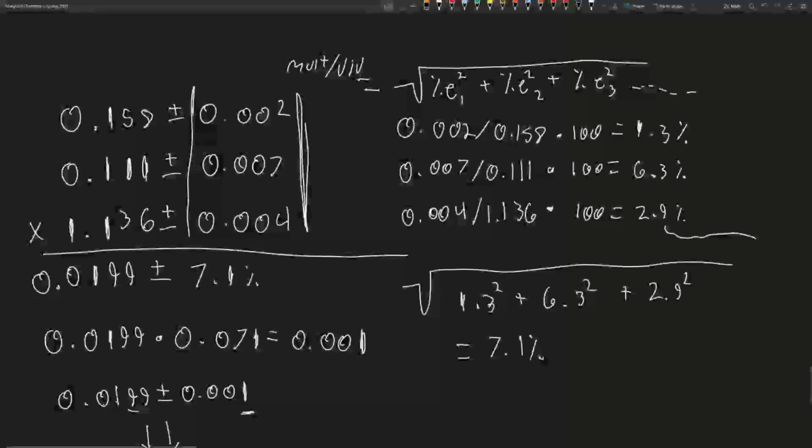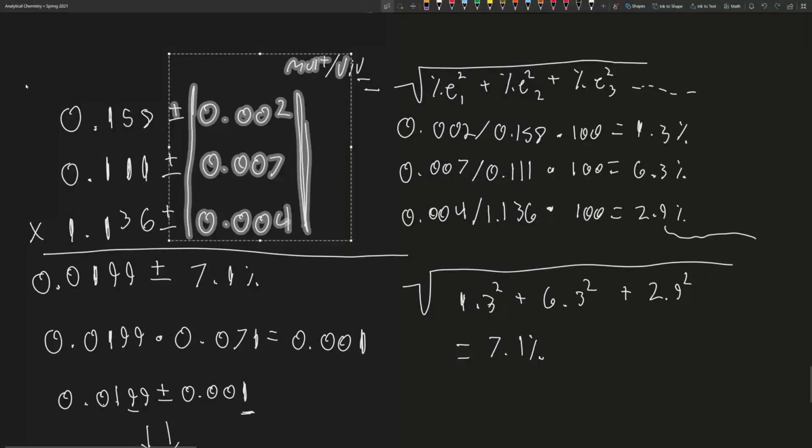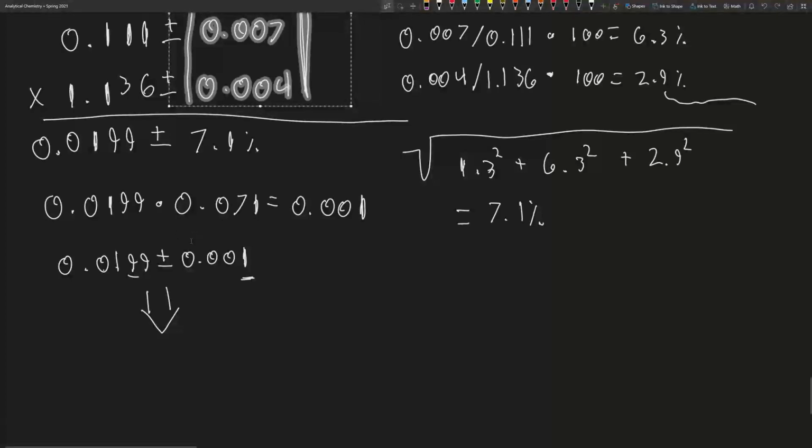Although, if we did not have these plus or minuses here, we'd see that we followed our rules for multiplication. This rule says 0.158, 0.111, 1.136. We see that the last digit in each of these plus or minuses is indeed associated with the last digit in our actual value. But when we performed our mathematics, we see that we lost a digit. We essentially changed our value slightly based on these new rules compared to the old rules of accounting significant figures.